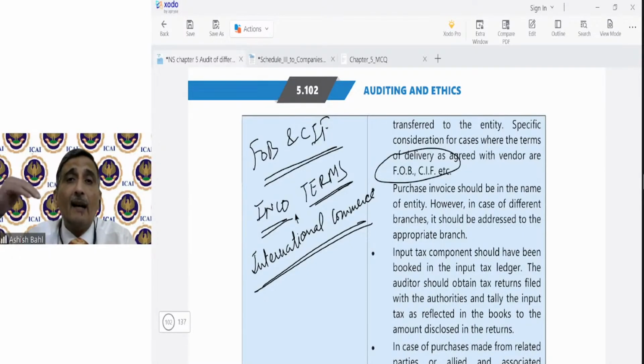It means that the seller takes the responsibility of making the goods reach at the buyer's point. So all the freight till the goods reach at the buyer's point is borne by the seller. Okay. So cost insurance freight.